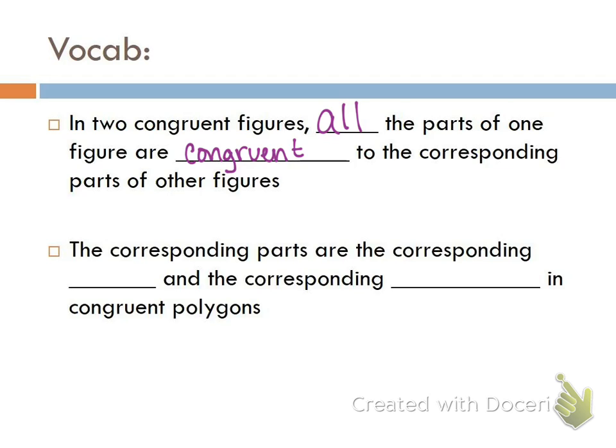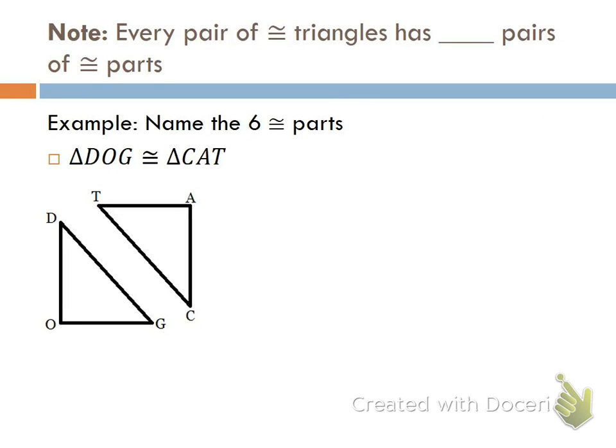The corresponding parts that we are talking about are the corresponding angles and corresponding sides. Note that every pair of congruent triangles has 6 pairs of congruent parts: 3 pairs of sides, 3 pairs of angles.